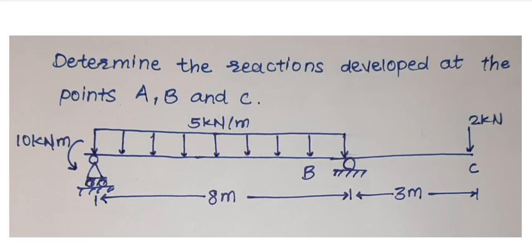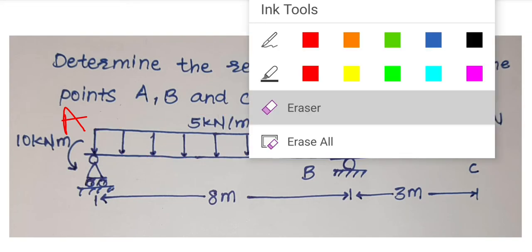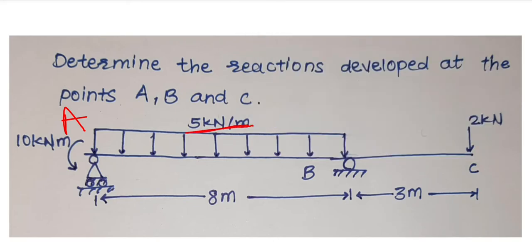Now see here, a 5 kilonewton per meter force is acting on part A to B. We have to convert this into a point load.